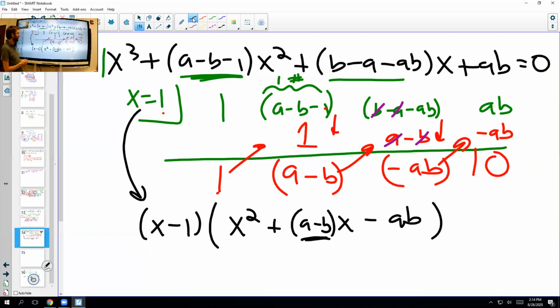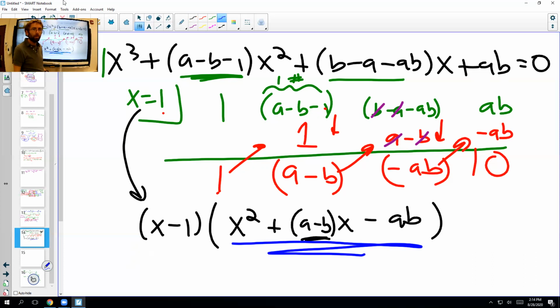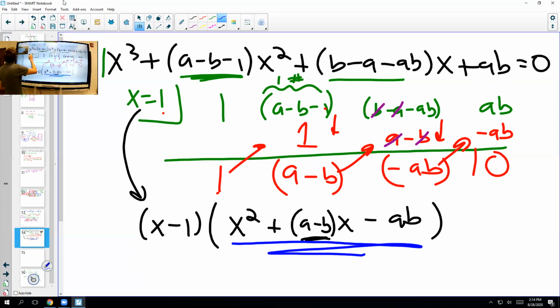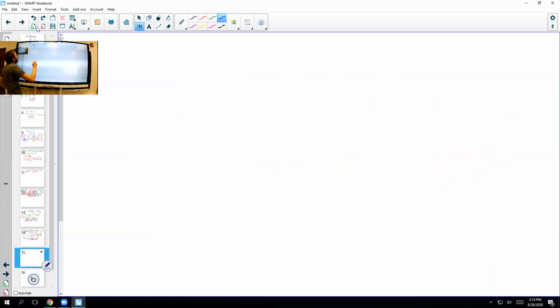This is going nicely, but we're not done yet because ideally, you want to factor this part of it too, right? You get a quadratic at the end of PQ. You want to keep going. You want to keep factoring. So let me start a new page. Hold on a second. Gotta move this. Let's start a new page with what we have so far.